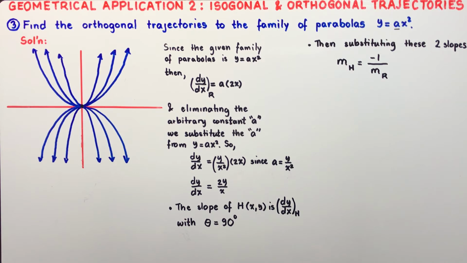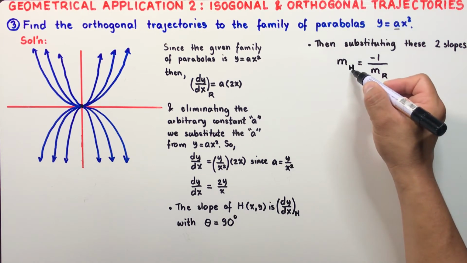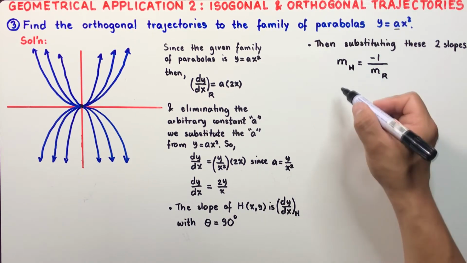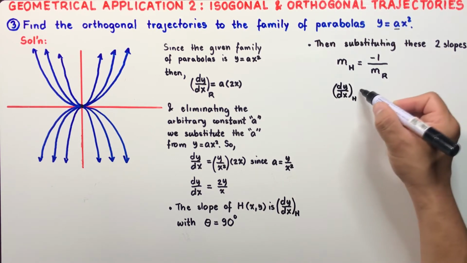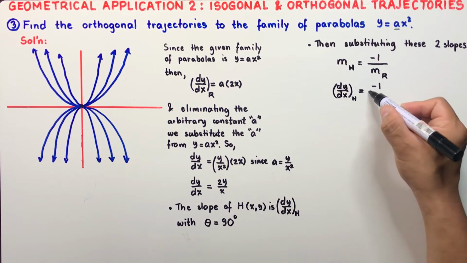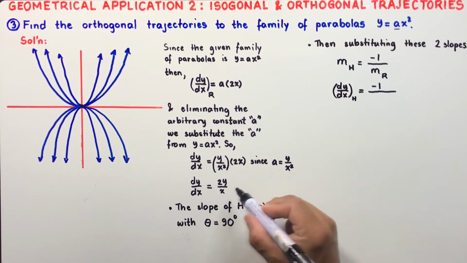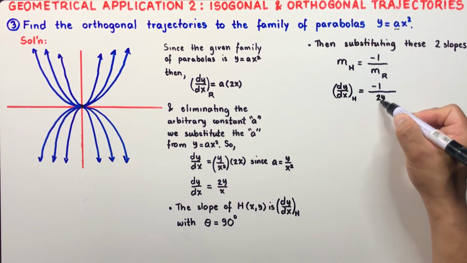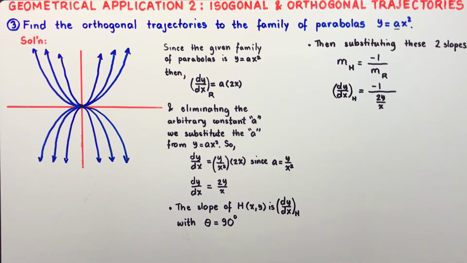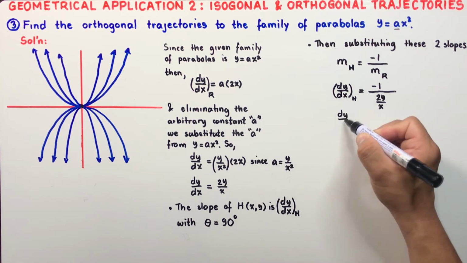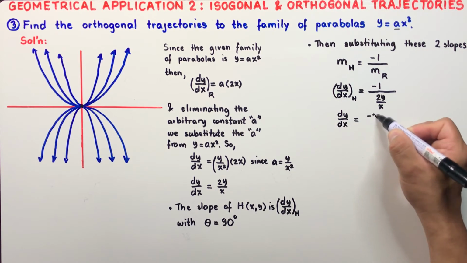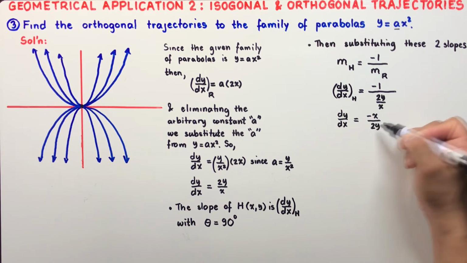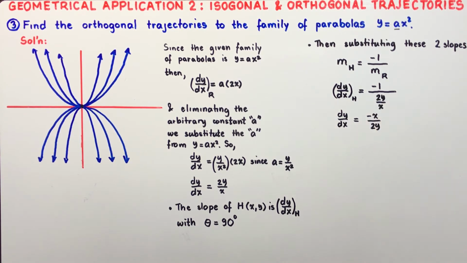So, the derivative of y with respect to x is equal to the negative reciprocal of the slope of the given family, which is 2y over x. So, our derivative of y with respect to x is equal to negative x over 2y if we get the reciprocal of this one.